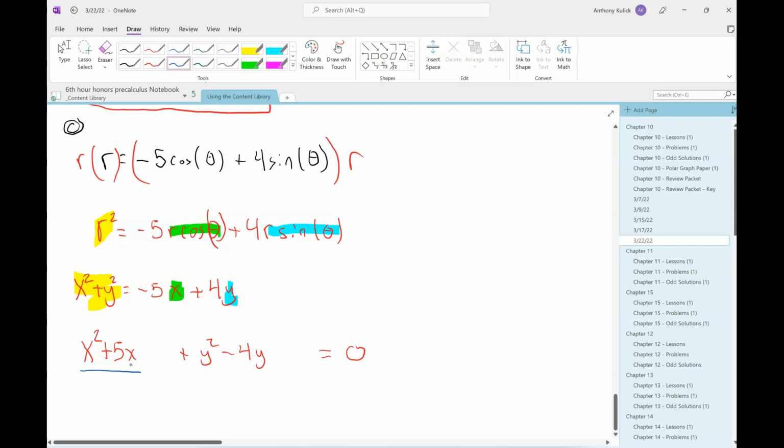What do I need to add to both sides to complete the square for x squared plus 5x? I need to add 5 over 2 squared to both sides. And then what do I need to add to both sides to complete the square for the y's?